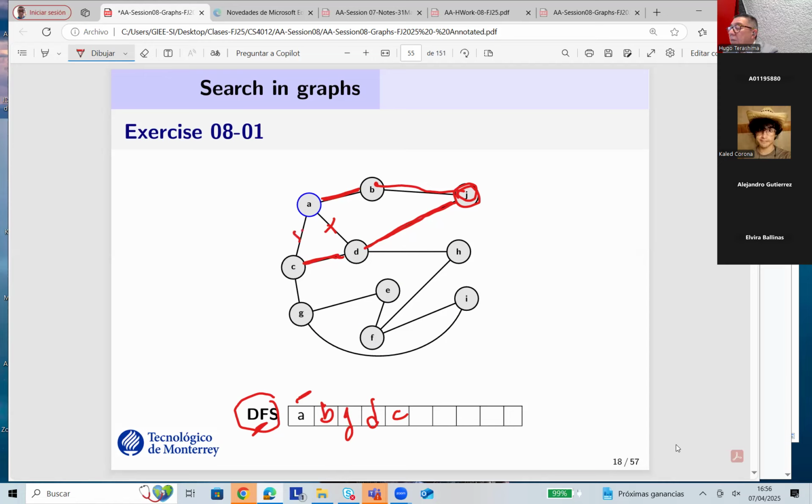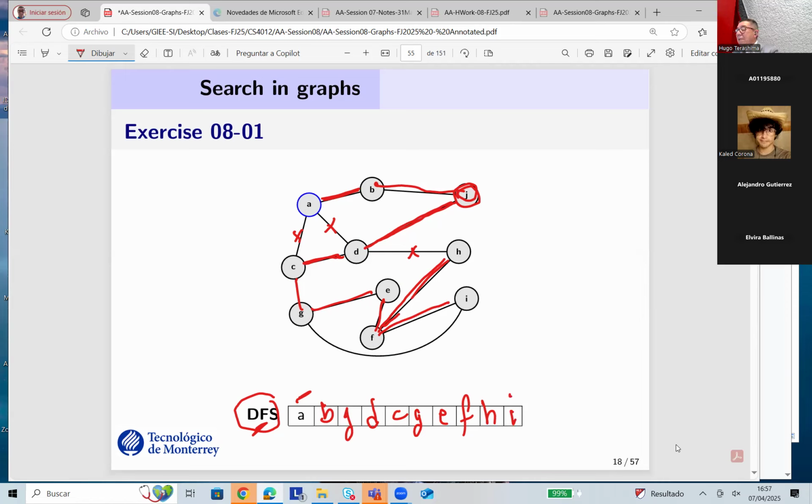And then C, this one is already visited, but I can go to G, and then E, and I still can go F, and I can go F, H, or I. H first, and then no more here, backtrack here, F, I here.